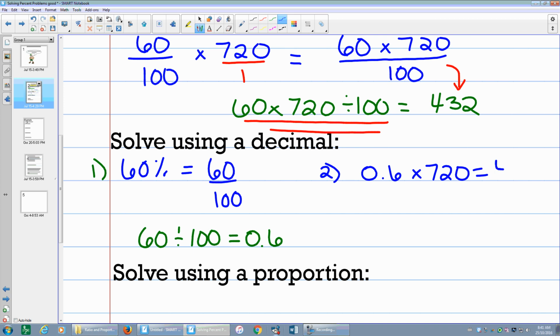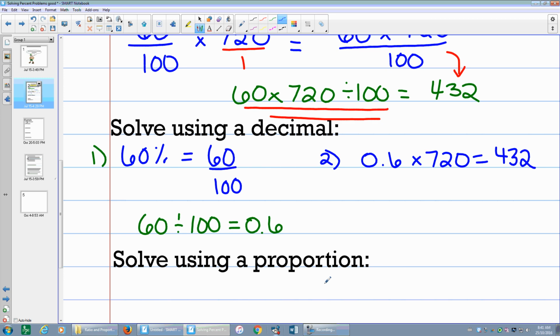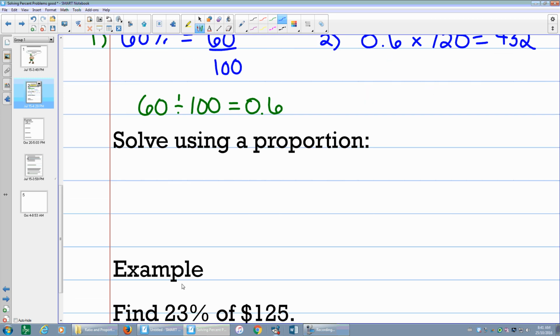And shouldn't be a surprise to you, but we get the same answer, 432. So whatever method you like doing, you can use. I won't require you to solve by all 3 methods, but just so you know that that's what we can do. Now, another way we can solve is using a proportion.